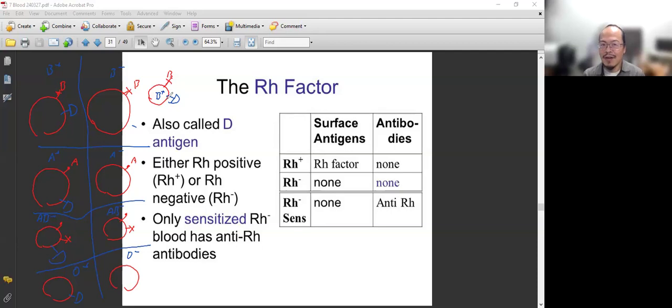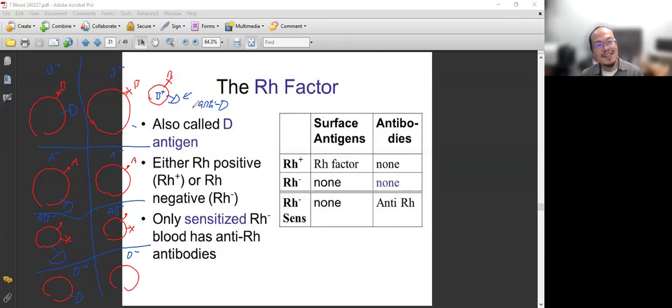However, over time, your immune system will see this antigen D. And just by timing, it will recognize that this is not us. And the body will create anti-D antibody to recognize it.